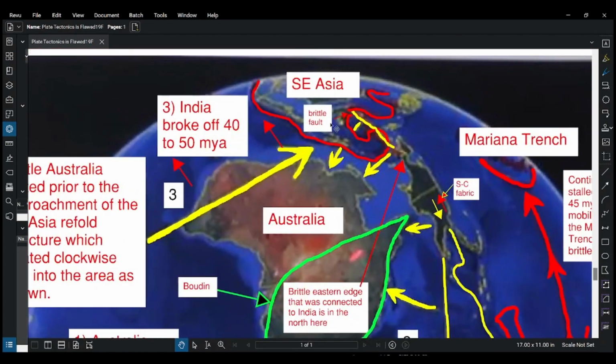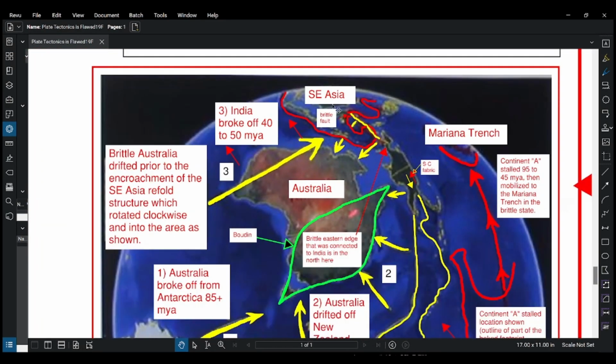So there's the Southeast Asia refold. If this is rotating counterclockwise now in this direction, from left to right counterclockwise, the geologic literature says that today Australia is moving to the north and rotating slightly clockwise.